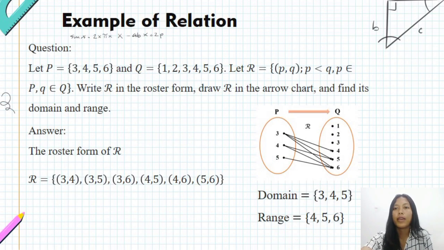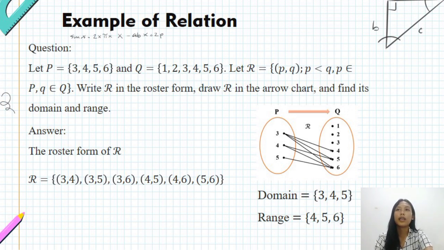Next, we have an example of relation. The question is, let P be equal to the set {3, 4, 5, 6}, and Q is equal to the set {1, 2, 3, 4, 5, 6}.